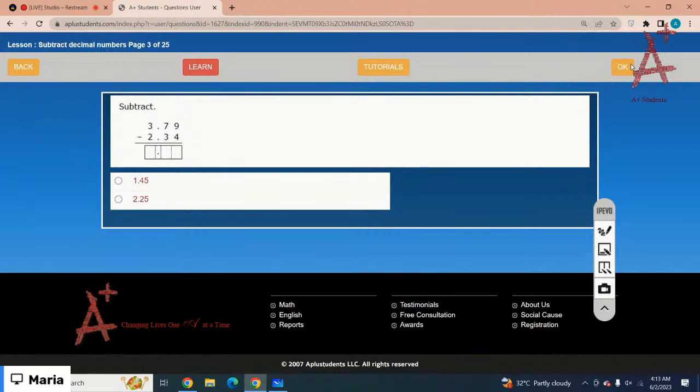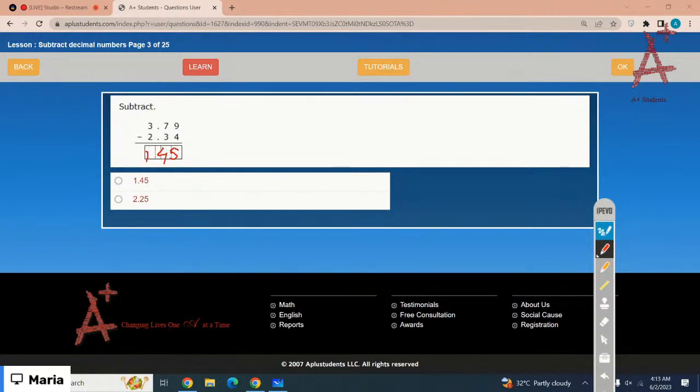Okay, the next one is subtract 3.79 take away 2.34. So start subtracting from the rightmost digit. You have to do 9 take away 4. That would be 5. Then you have 7 take away 3. That would be 4. Then you have 3 take away 2.